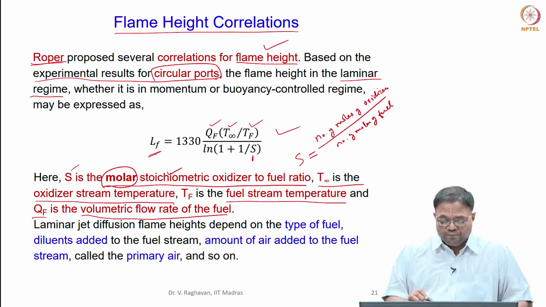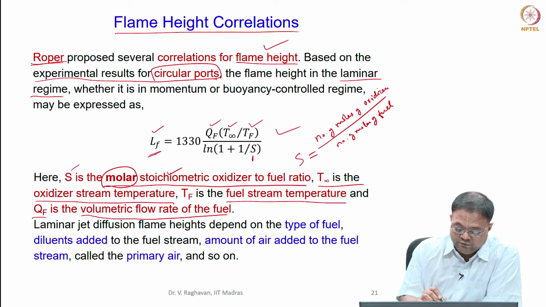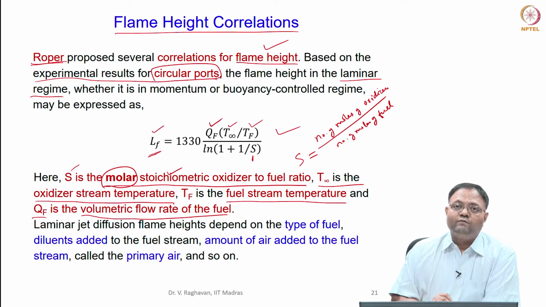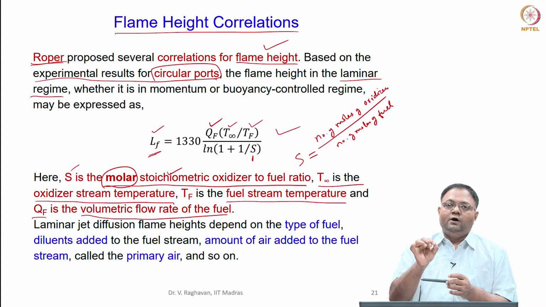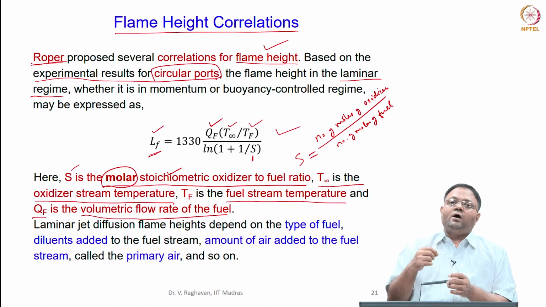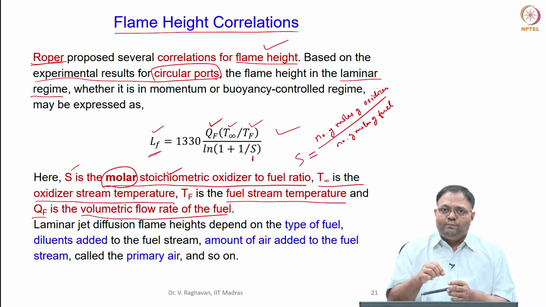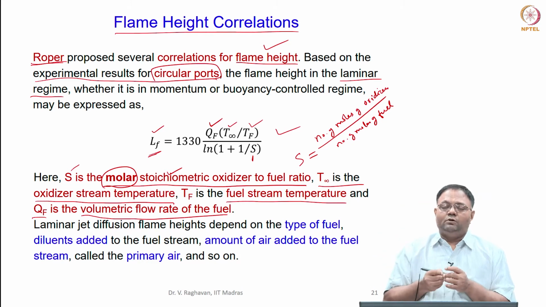This correlation clearly shows that L_F is directly proportional to the flow rate, which we have already seen by the scaling analysis. In the scaling analysis, we considered the time it takes for a molecule to reach the radial location of the flame from the central axis by diffusion, and the time taken from the base of the flame to the tip of the flame by convection. Both should be the same.